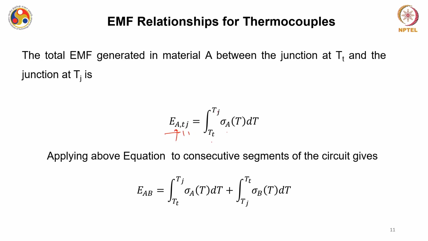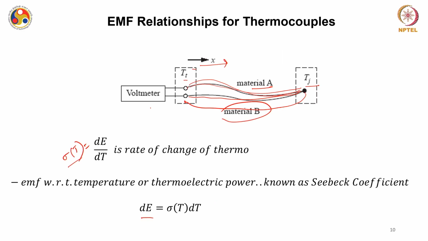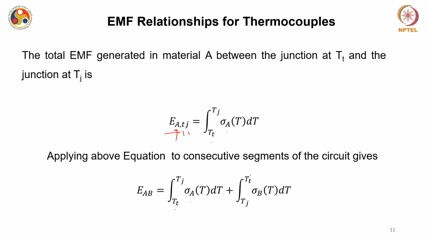Now applying the above equation to consecutive segments of the circuit, this will give you E_AB as the integral from Tt to Tj of sigma_A dT, and then back from Tj to Tt, from this junction to this junction, using the Seebeck coefficient for material B. So Tj to Tt of sigma_B dT.